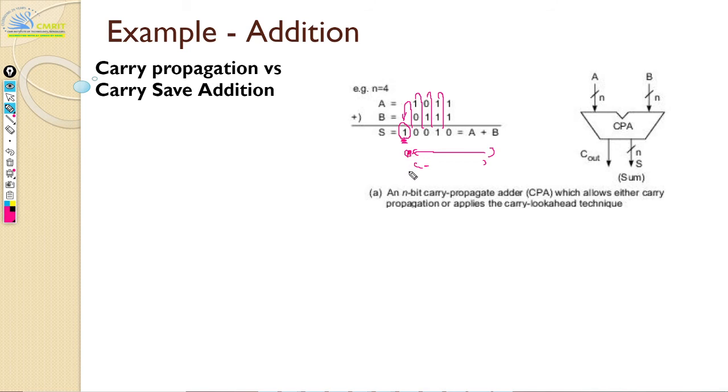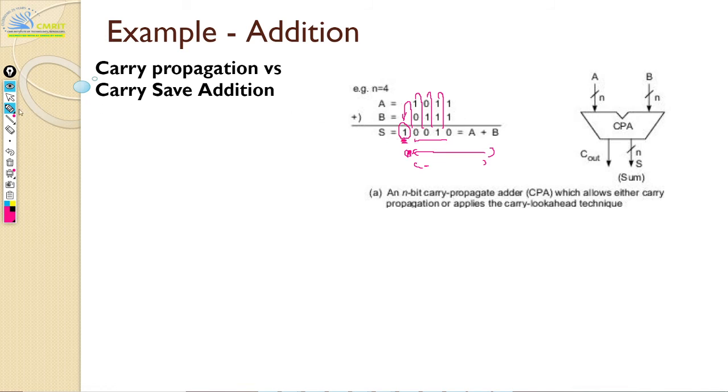I'm just exaggerating a bit, but you get the idea. Even though all the other bits are set, you still have to wait for one more propagation, so it has to ripple through an entire series of bits.